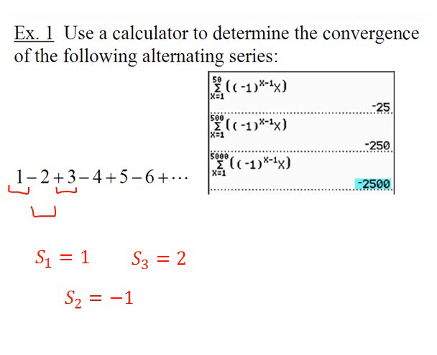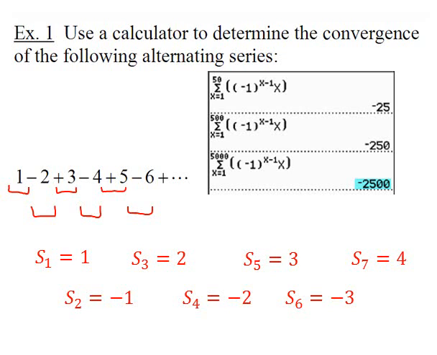Add 3 to get the third partial sum. Subtract 4. Add 5. Subtract 6. Add 7, and so on. You can see that the partial sums will continue to follow this pattern and thus will diverge.